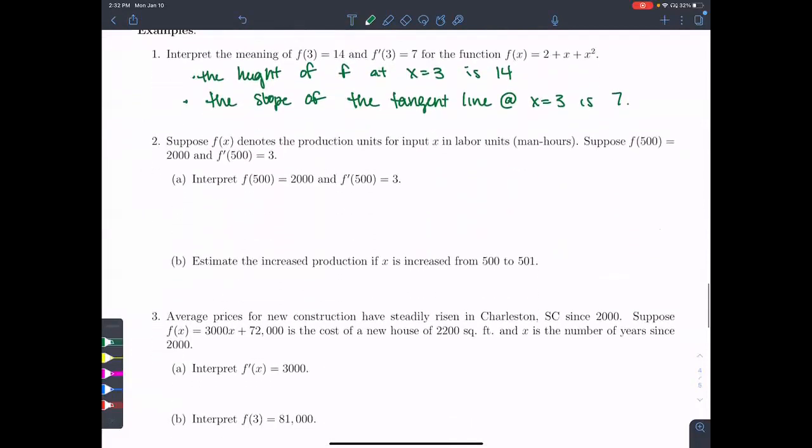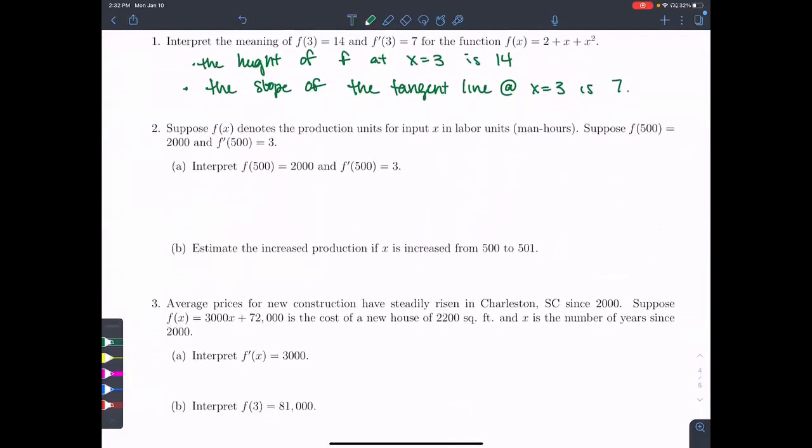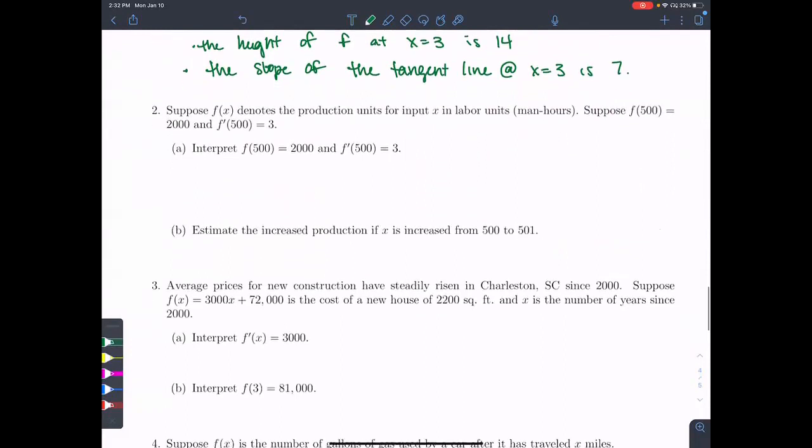Okay, so suppose f of x denotes the production units for input x and labor units man hours. Suppose f of 500 is 2,000 and f prime of 500 is 3. What does f of 500 equals 2,000 mean? And what does f prime of 500 equaling 3 mean?